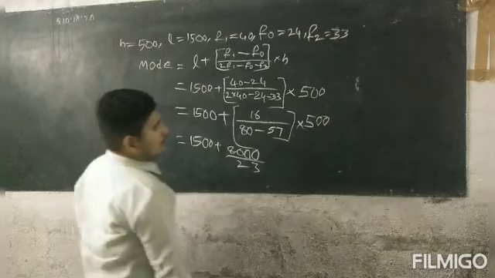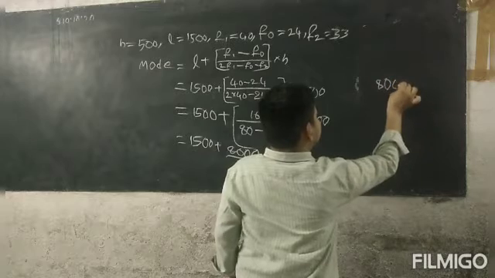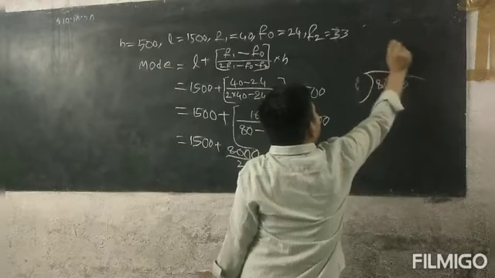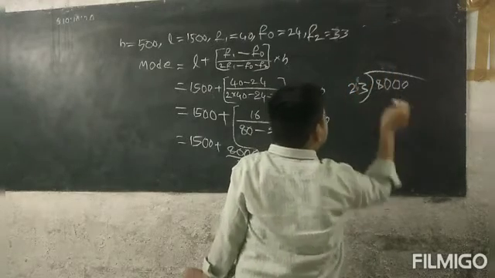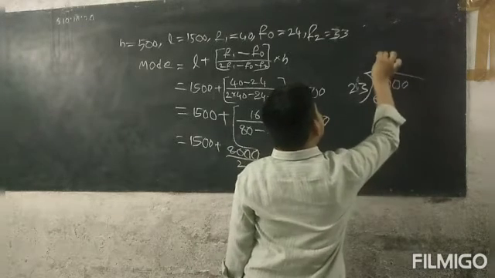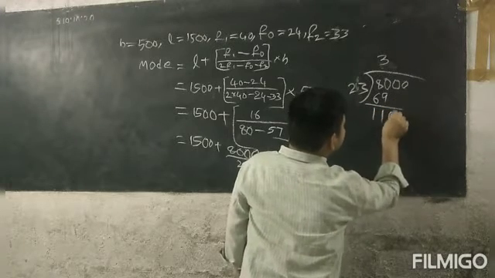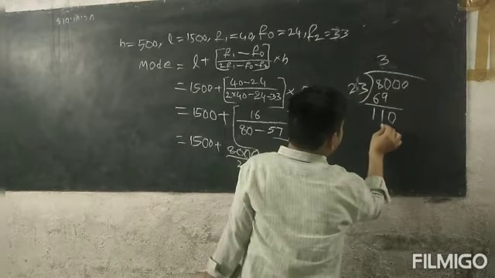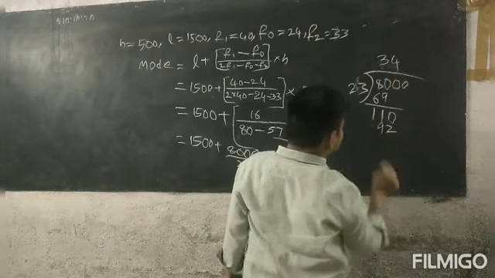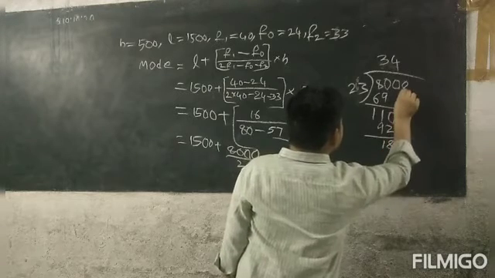Do the division: 8000 divided by 23. 23 threes are 69, remainder 11, take 0. 23 fours are 92.